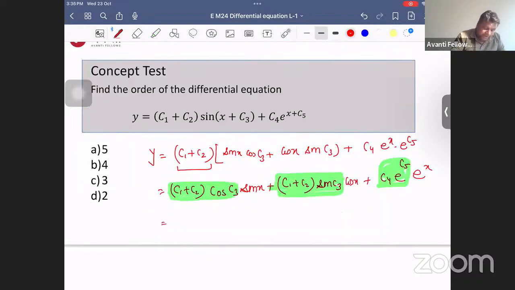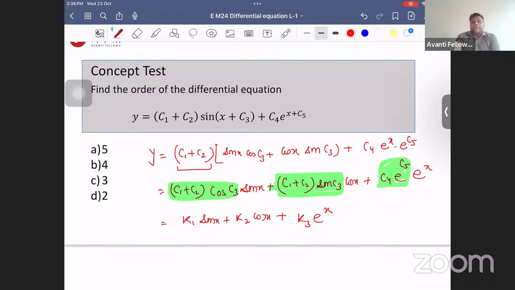So what do you get? You get k1 times sin x plus k2 times cos x plus k3 times e to the power x. Now to get the differential equation, you are going to differentiate it 3 times because there are 3 independent arbitrary constants k1, k2 and k3.